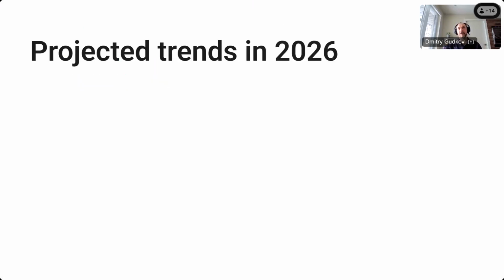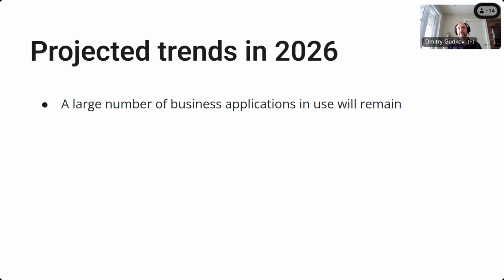So if we project trends in 2026, what can we expect next year and probably the next few years? First of all, a large number of business applications in use will remain, and those applications will remain disconnected and highly fragmented. That's the world we live in today. Because of that, users will still be forced to switch between applications every time.